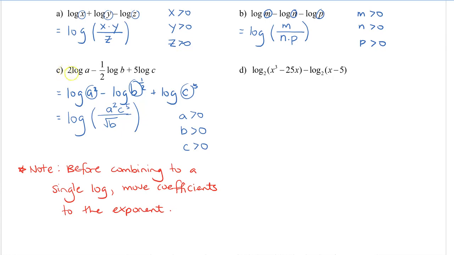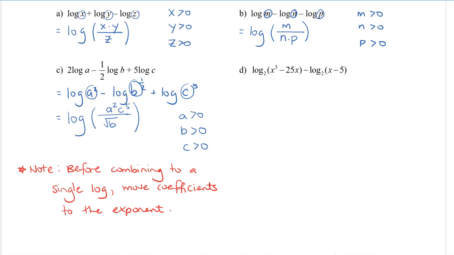Otherwise we can't actually combine any of these terms together because they all have a different variable, and even though they have the same base, we can't combine them. So if we move the coefficients to the exponent, then now we can use our log laws to combine the 3 log terms.